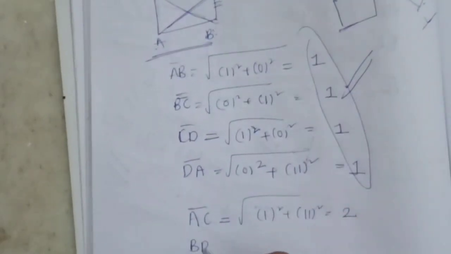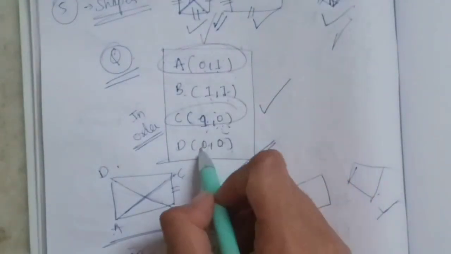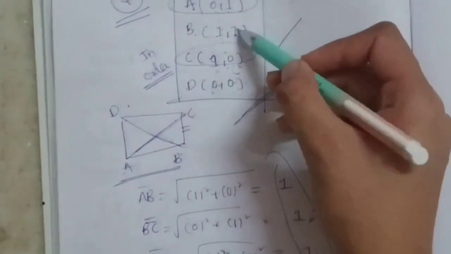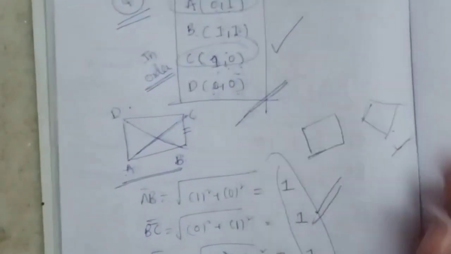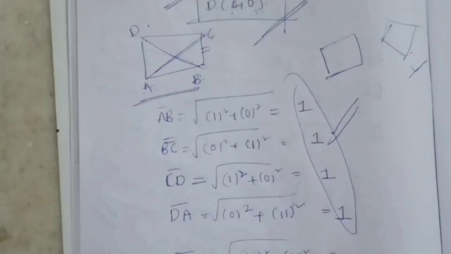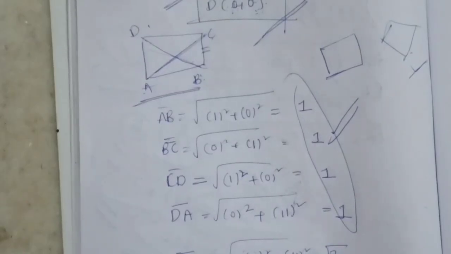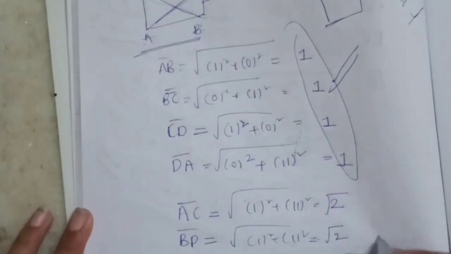Right, let us find the BD distance. What is B? 1 comma 1. What is D? 0 comma 0. Difference between this square plus this square, so 1 square plus 1 square, which is under root 2.